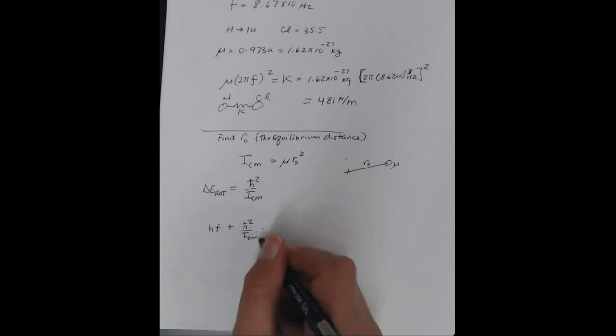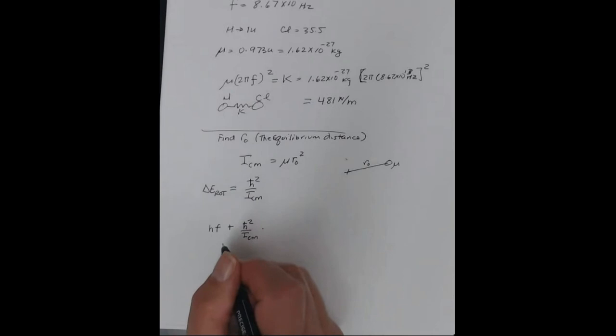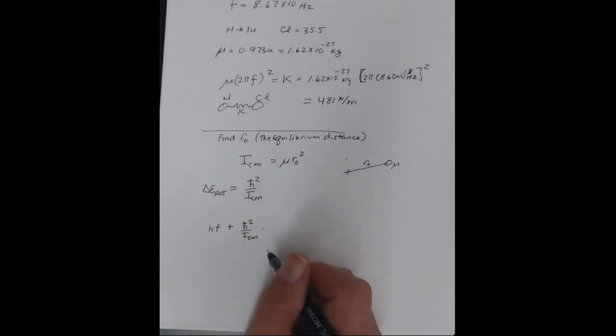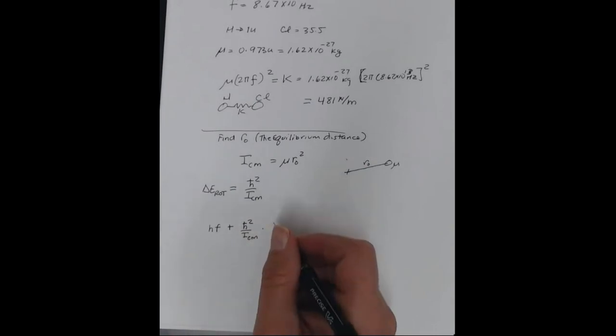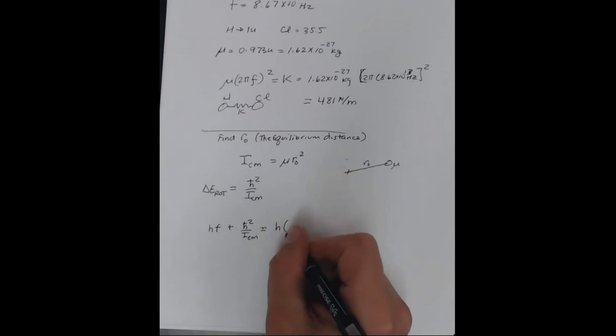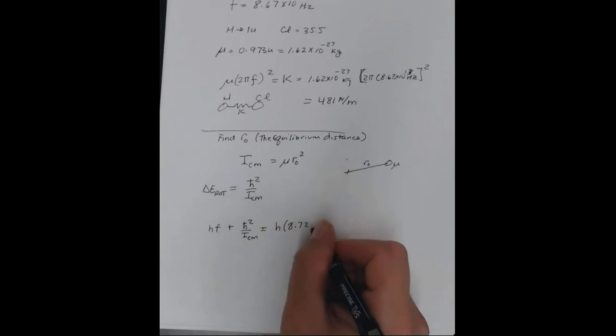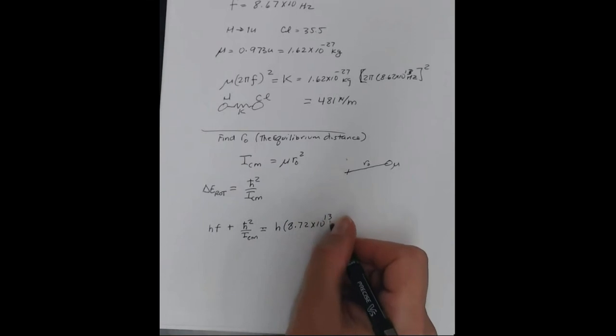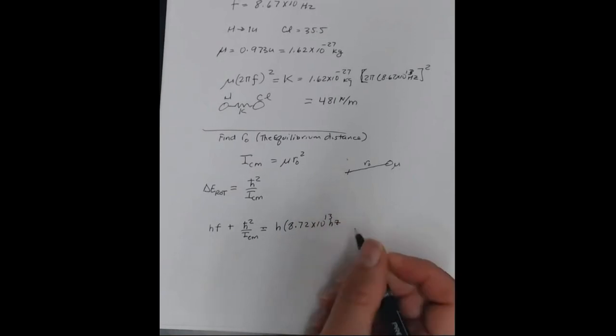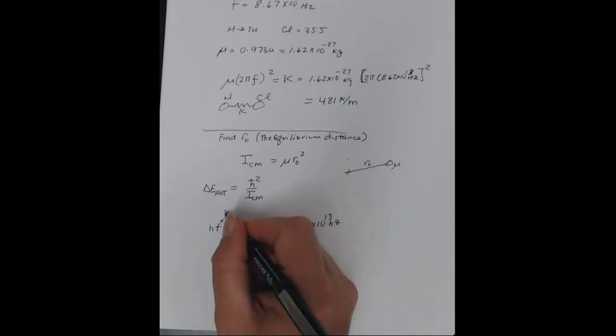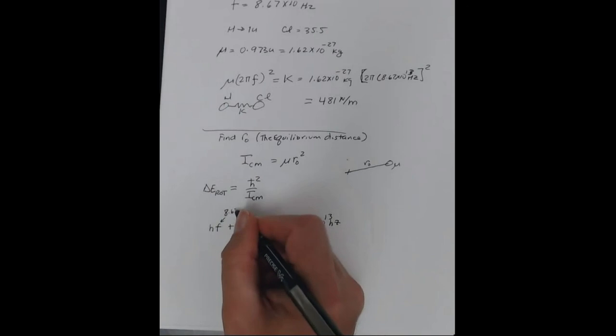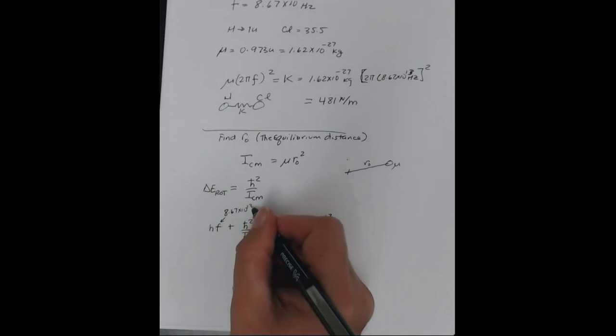If I divide everything by frequency, that should be equal to h times 8.72 times 10 to the 13 hertz, and we said this was 8.67 times 10 to the 13 hertz.